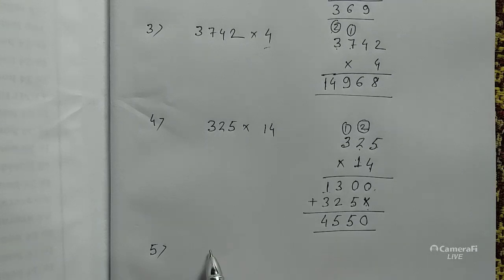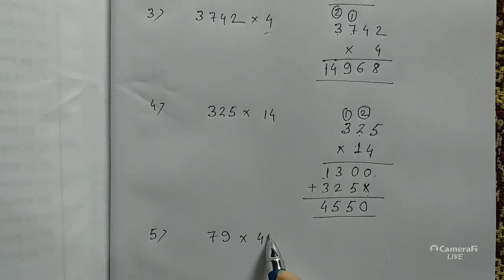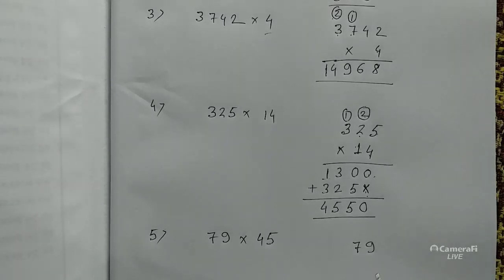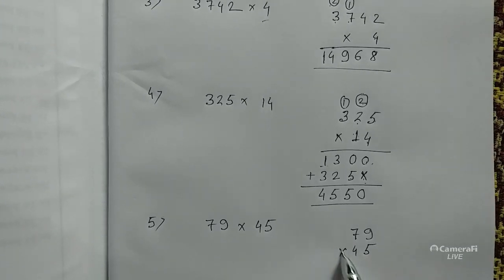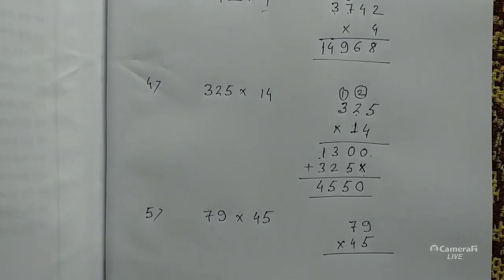Let us take another example. Suppose we have to multiply 79 by 45. Okay, so let us first arrange 79 and 45. Give multiply sign. Now proceed.